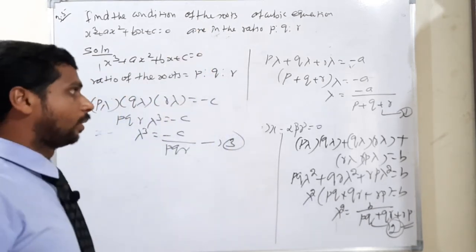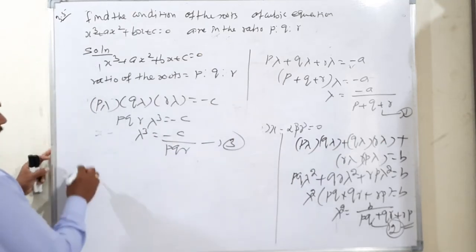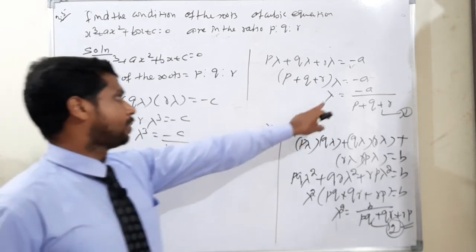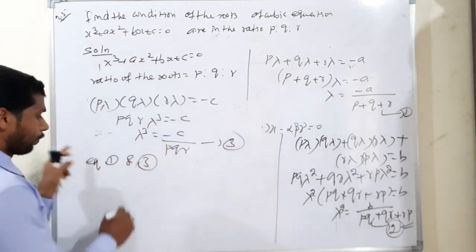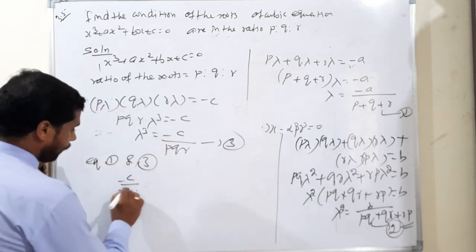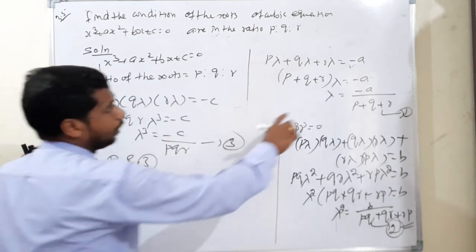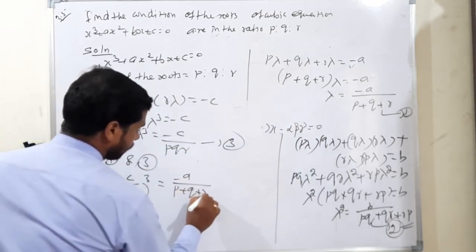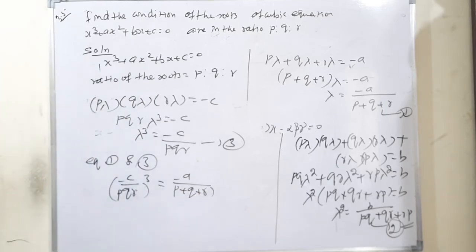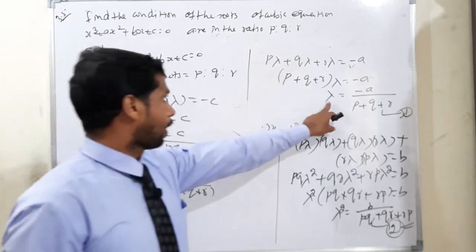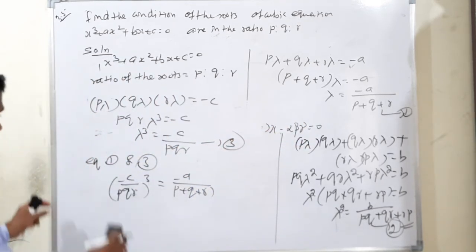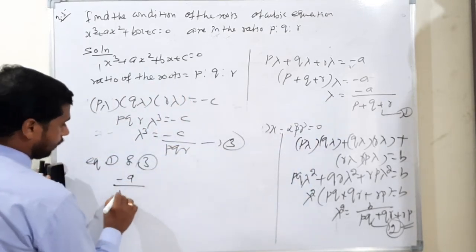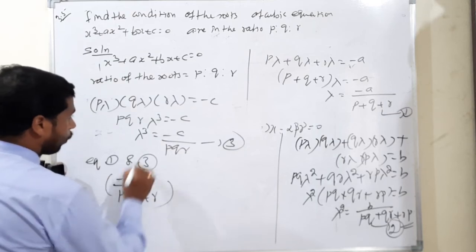The condition in the question comes from equating equations 1 and 3. Since equation 3 gives lambda cube, we apply lambda equal to minus a by p plus q plus r and cube it. Therefore, minus c by pqr is equal to minus a the whole cube divided by p plus q plus r the whole cube.